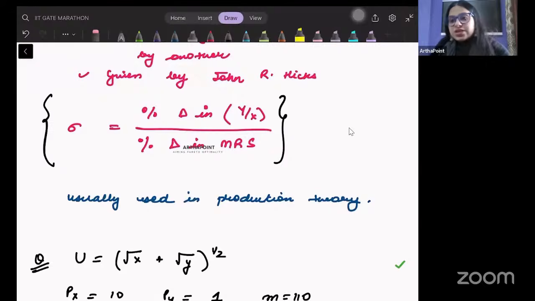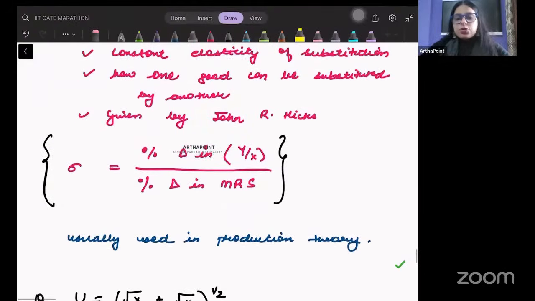But homogeneous says that if you scale x and y, then your utility should also be scaled. Returns to scale I can still find, but again, it is better on the production side. In consumption we usually do not pay so much attention to scaling. That is why I told you this is more of a consumption production concept.